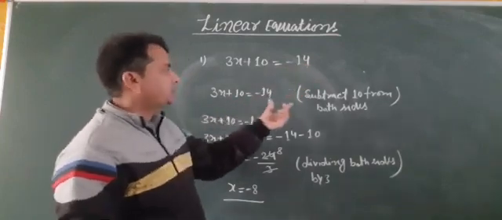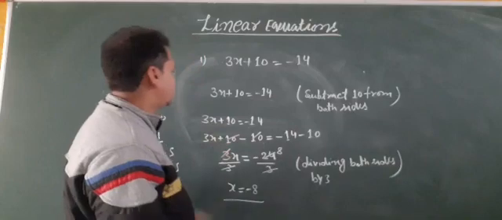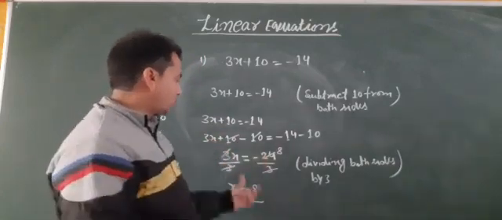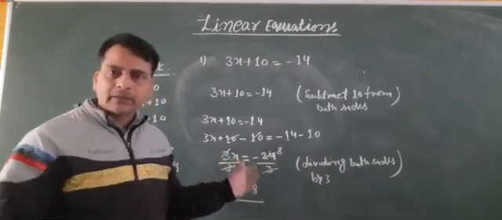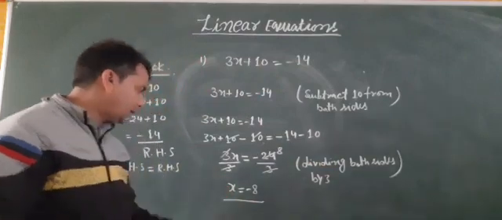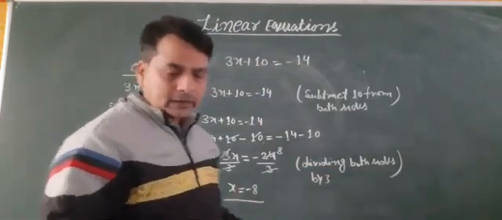Then subtract 10 from both sides, that is 3x equal to minus 24. The coefficient of x is 3, so dividing both sides by 3, the value of x equal to minus 8.